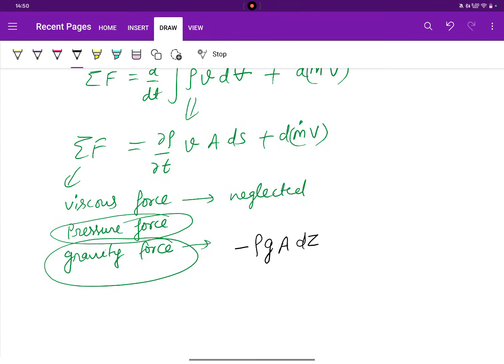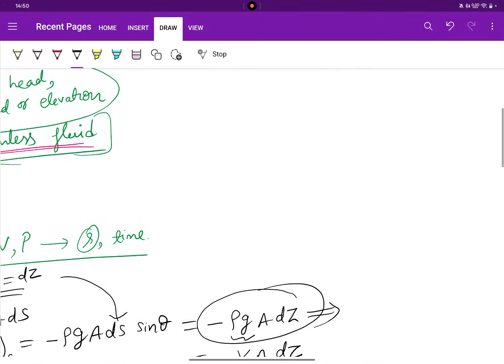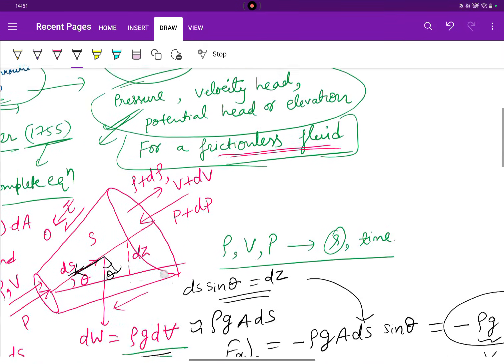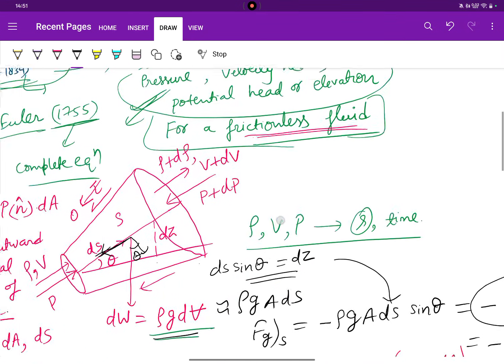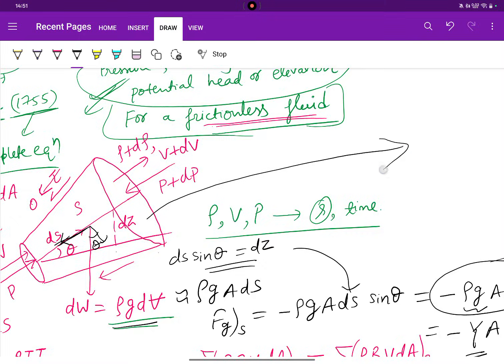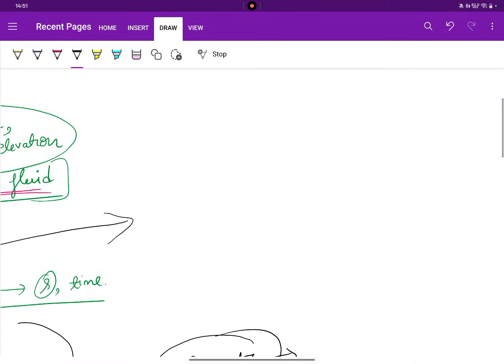Now pressure force, to understand pressure force, it is a little bit tricky, and I'm just going to make another figure here to explain the same. This was our element.